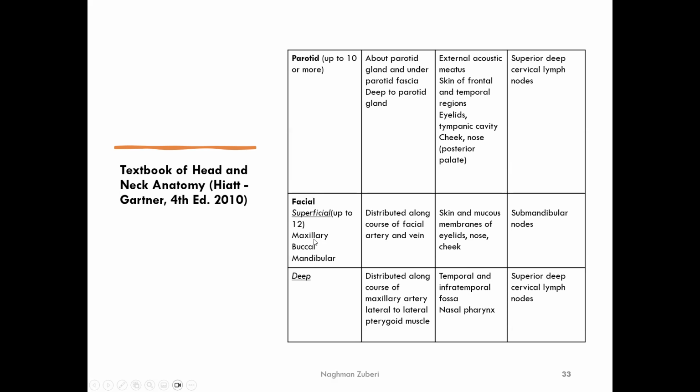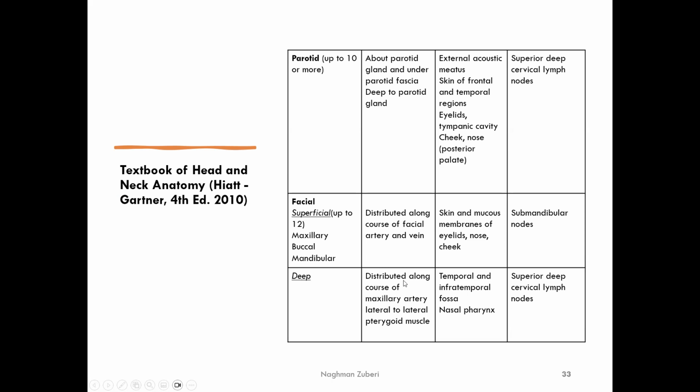Then comes facial. Facial are superficial and deep. Superficial, they are up to 12 in number, and they are maxillary, buccal, and mandibular. Well, they are distributed along the course of the facial artery and facial vein. And they are draining skin and mucous membranes of eyelids, nose, and cheek, and they are being drained into the submandibular nodes.